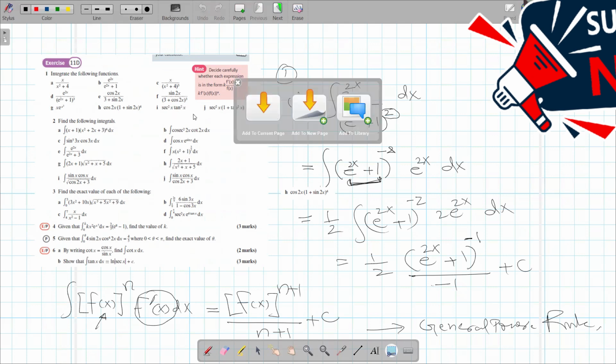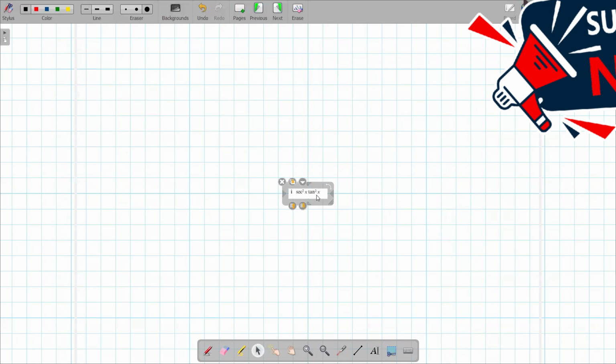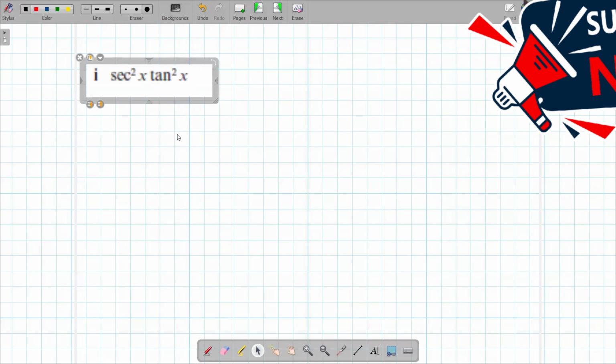Let's do this one. Add to the new page. Any idea? Sec square tan.